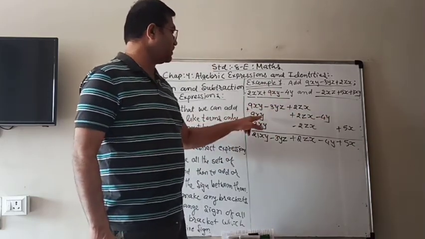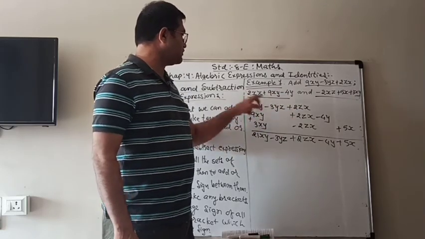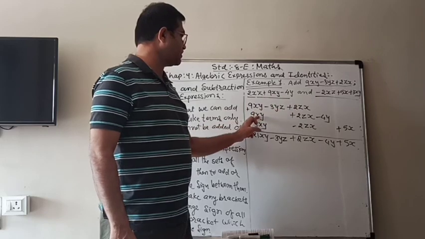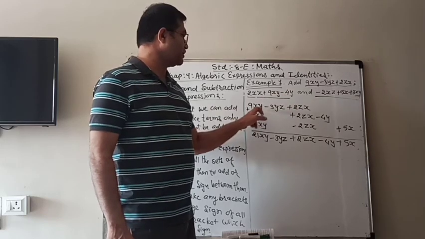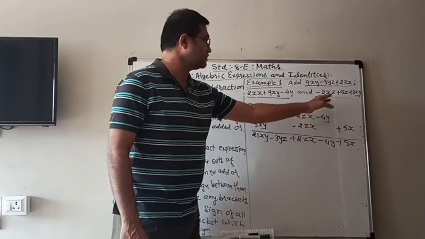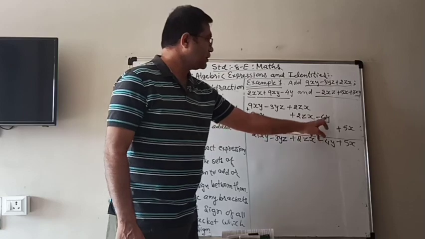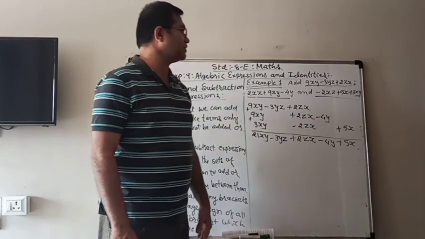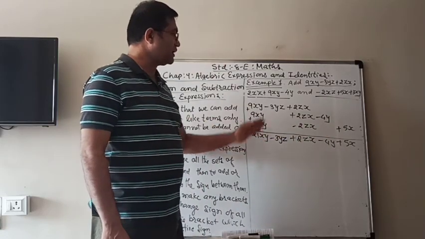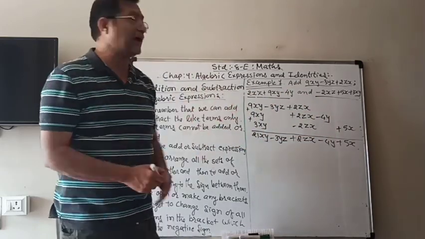Here 9xy was there, so I write 9xy here, but minus 4y is not there in that one, so we write it down at the last. Then minus 2xz plus 5x have no like term, so we put it at last, and 3xy. And then when finished, you can go column wise and add.